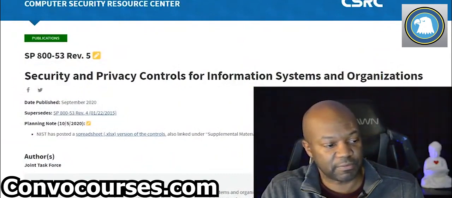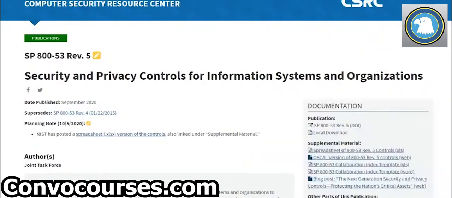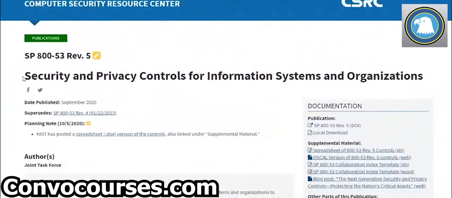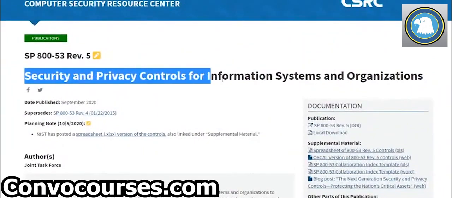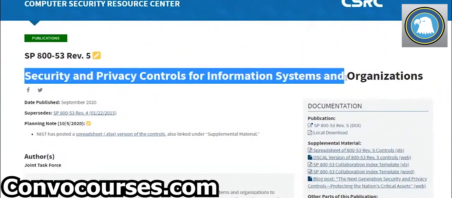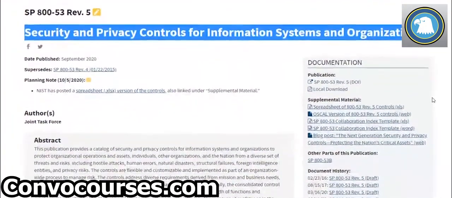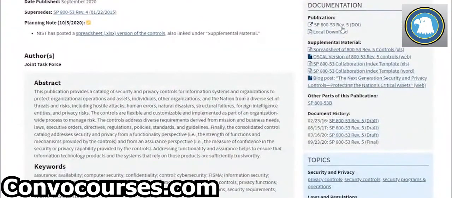Let me just remove my face here. Yes, here it is. This is 800-53 revision 5, and as you can see, it covers security and privacy controls for information systems and organizations right up front. This revision 5 recently came out as of September.